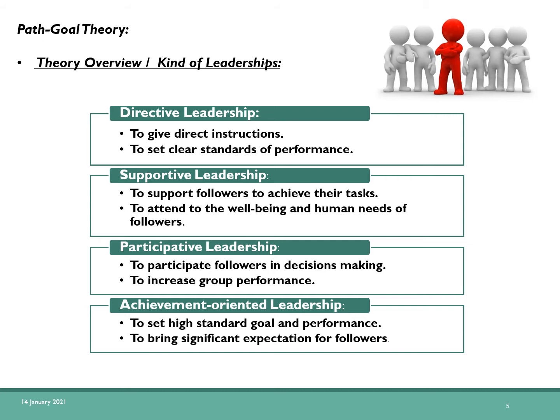The third one is participative leadership. This kind of leadership is about inviting followers to share in the decision making. A participative leader consults with followers and obtains their ideas and opinions in order to make a decision about how the group or organization will proceed.